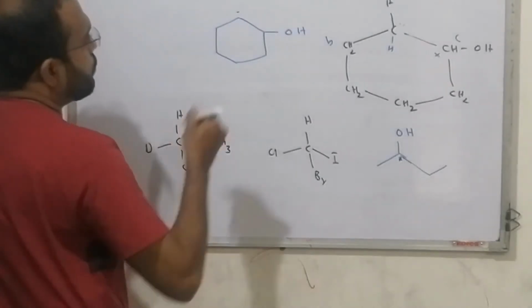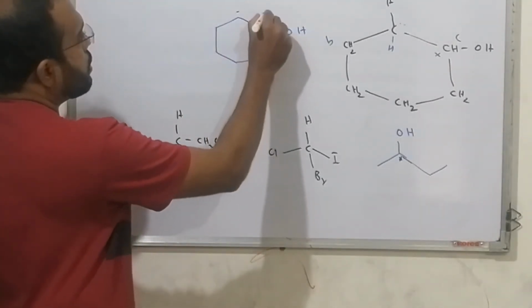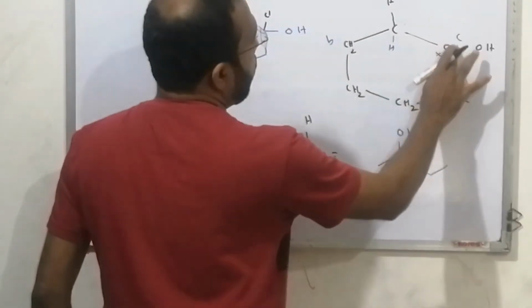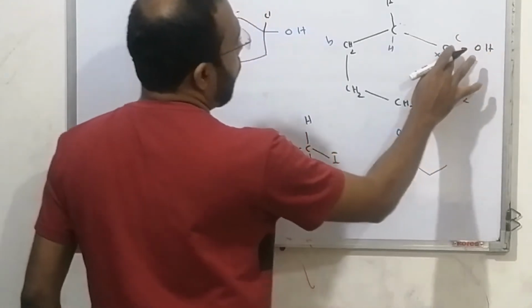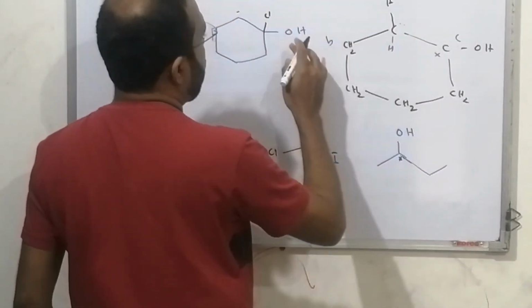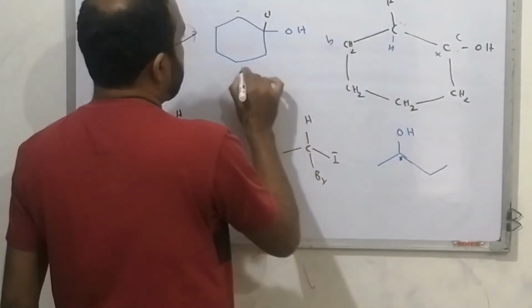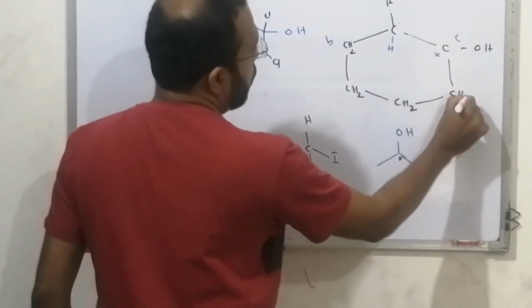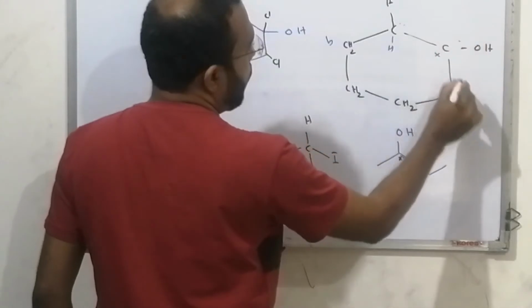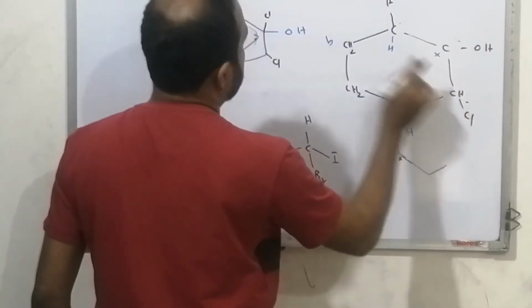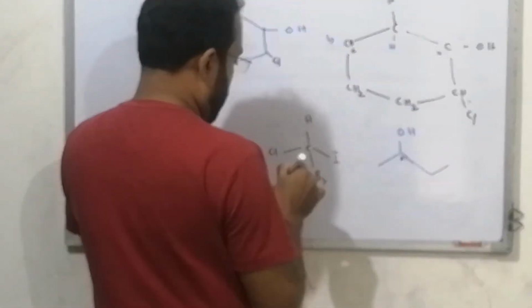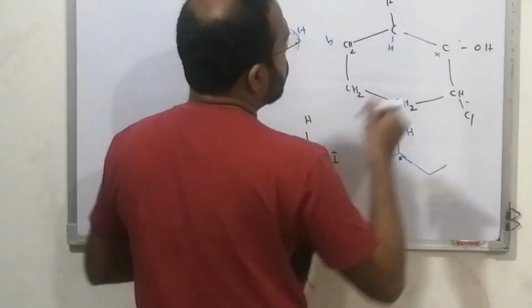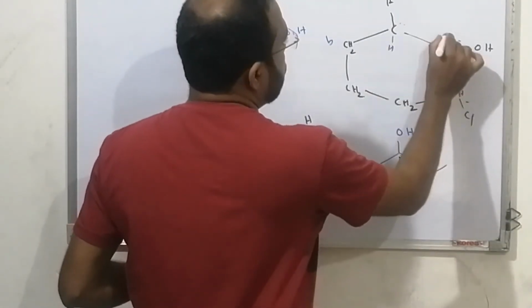Here one Cl. This is a chiral carbon because here a hydrogen.